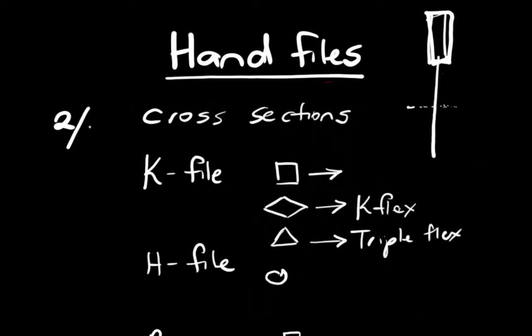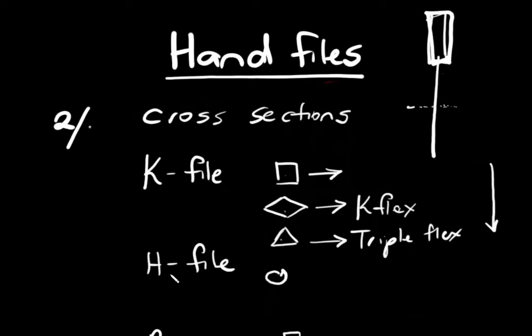Pretty much these three, as we work through them, increase in flexibility. So it's basically just a function of the cross-sectional area. The square is the stiffest, and the K-flex is a little bit more flexible, and the triple flex is the most flexible of them all.